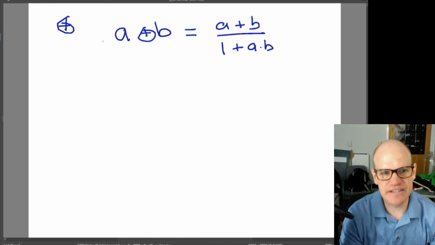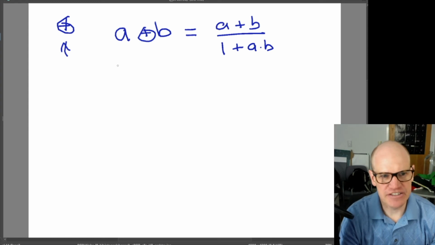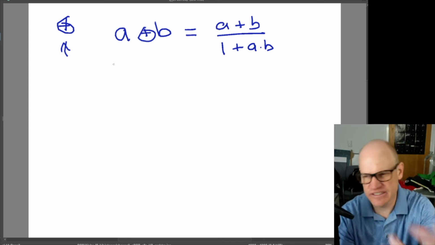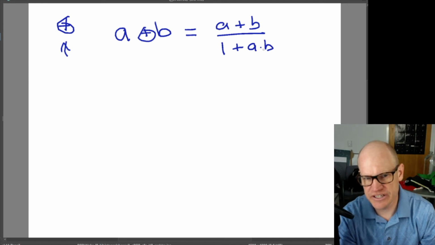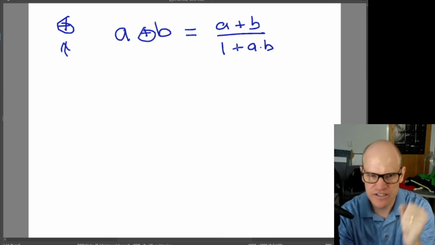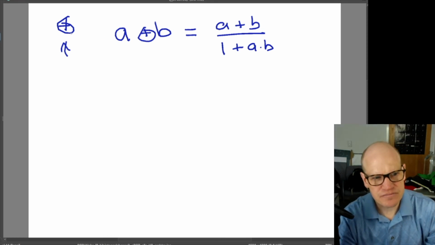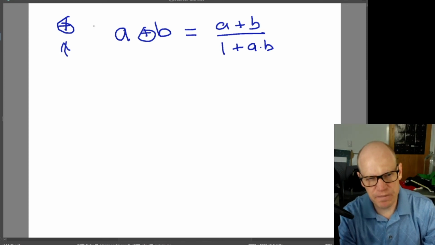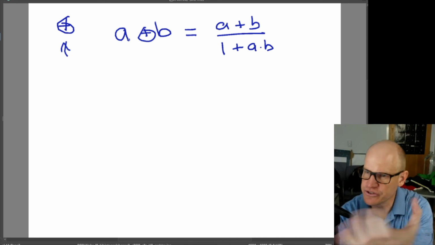Okay, I claim that circle plus forms a group, that it's going to be commutative. The reason it's commutative is because both addition and multiplication are commutative, so you can switch a and b in both of these things and you get the same result. So it's only commutative because these two operations are also commutative. It's associative, so that if you circle plus a bunch of things together, you do them one at a time.